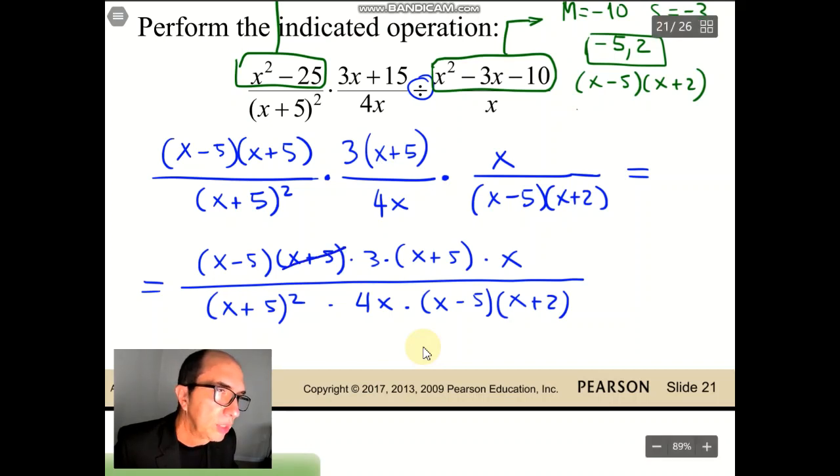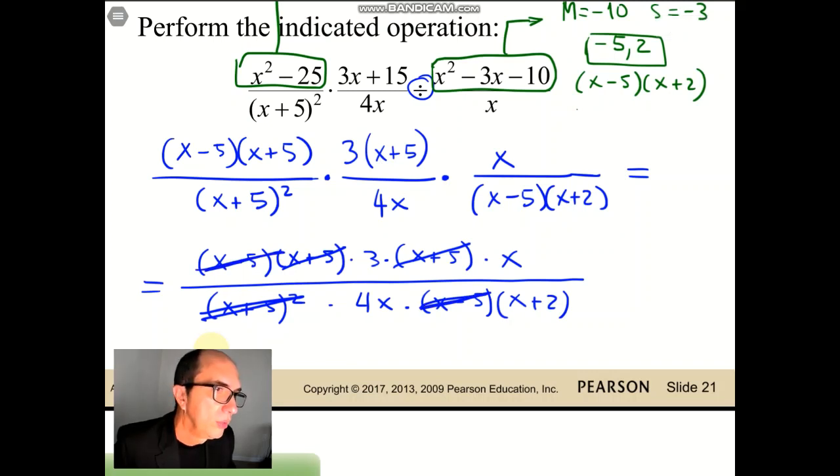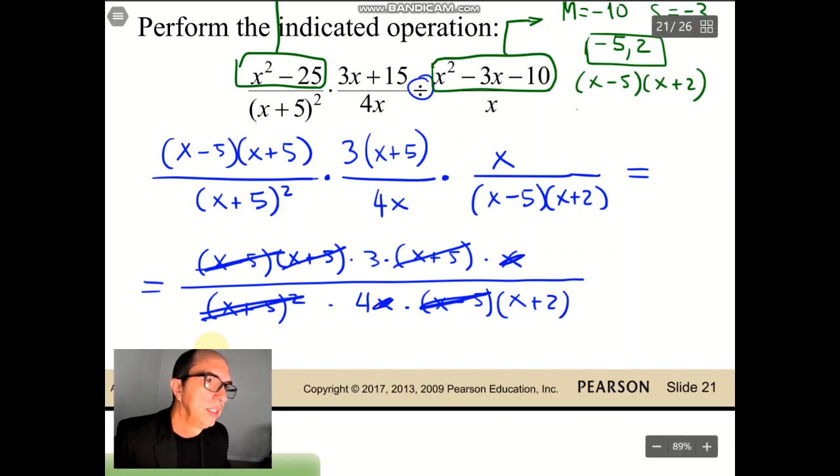Check. x plus 5 times x plus 5 is squared, and we can simplify with this one. x minus 5, we can simplify with this x minus 5. And we have an x here that we can simplify with that one.